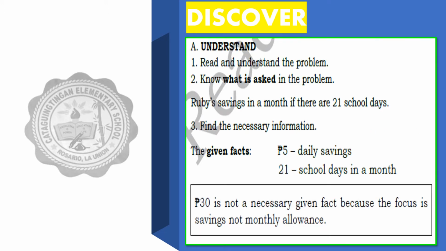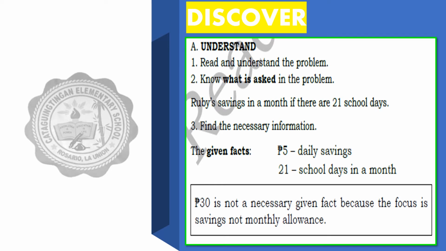Now, let us solve the problem using the steps in problem solving. So, there are 4 steps. The first one is understand, which includes what is asked and what are the given facts. Then, we will go to plan.